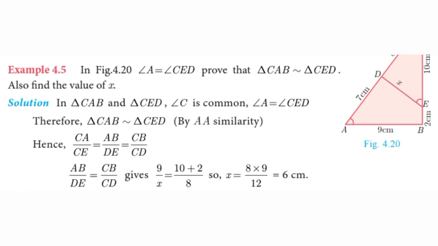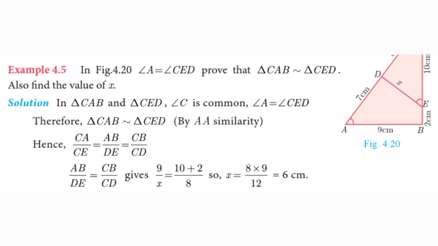Solution. In triangle CAB and triangle CED, what is the common angle? C is a common angle, and also given that angle A equal to angle CED. Therefore, triangle CAB is similar to triangle CED by angle similarity. That means the corresponding sides are proportional.